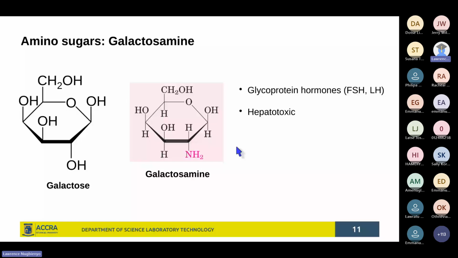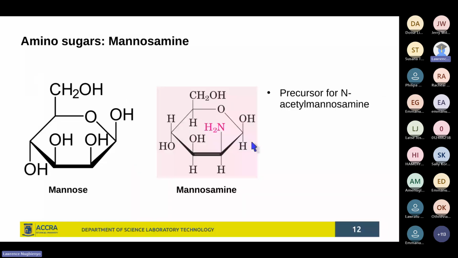So we see mannose on the left, and monosaccharide compared to it, you see in place of a hydroxyl group, again on carbon number 2, you have the amine group there. So that is monosaccharide. By itself, not much to say about it, except that it's a precursor for the synthesis of N-acetyl monosaccharide.